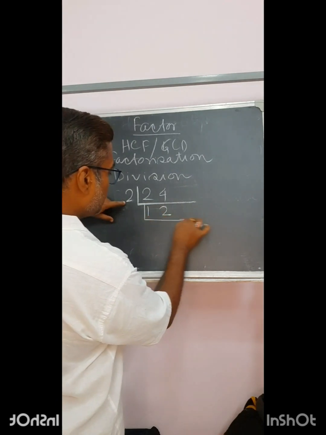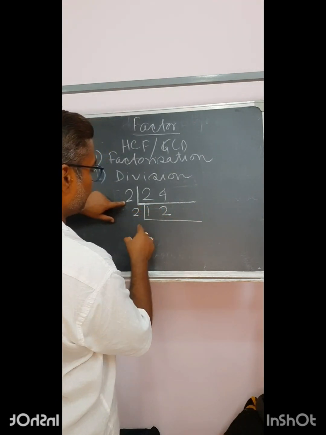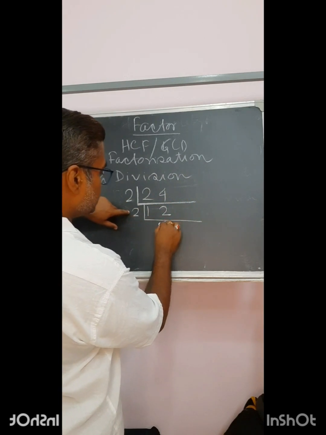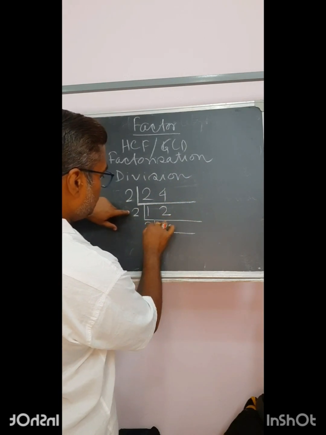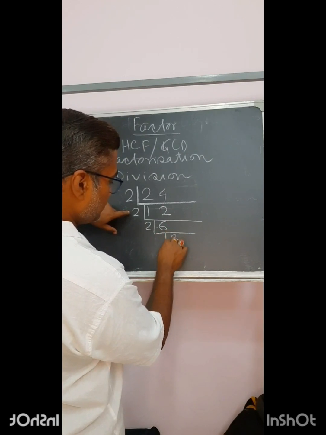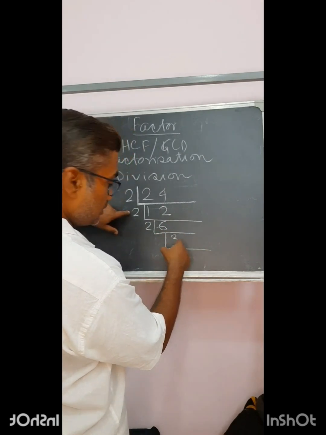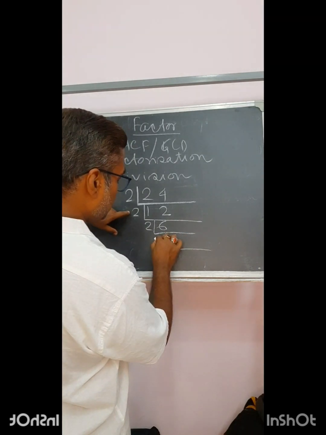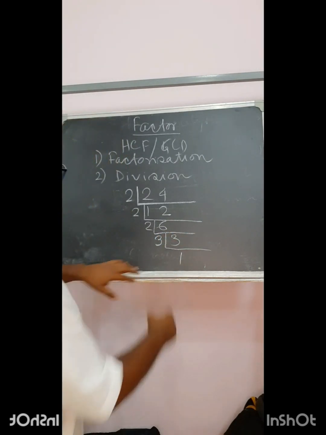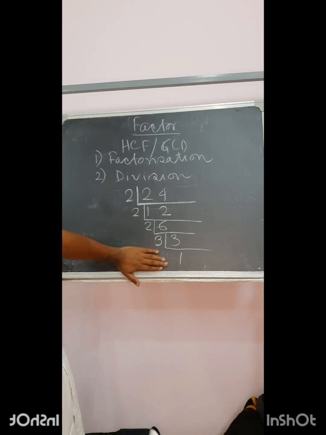Then I will try again with the minimum. If it is okay, then otherwise I have to go to the next. So 6, then 2. Now see, this is again not divisible by 2 because it is an odd number. So I will try with the next prime number till I get 1. Whenever I get 1, I will stop here.